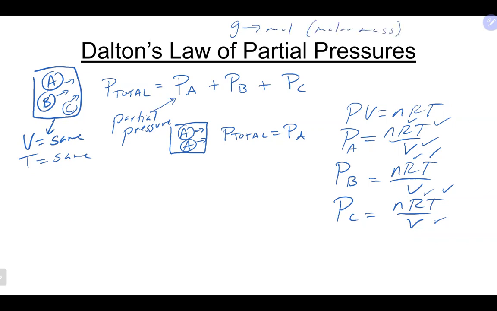So basically what you would do is you would use the ideal gas law separately for each gas. You would get a pressure for each gas, which would be the partial pressure of each of those gases. And if you wanted the total pressure, you would simply add all those numbers together, and that would give you the total pressure of that gas mixture. Question on that there.